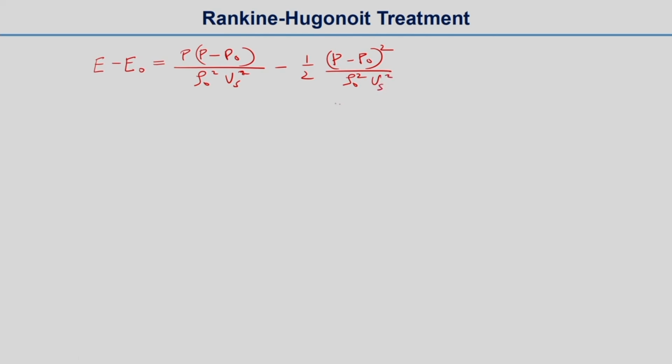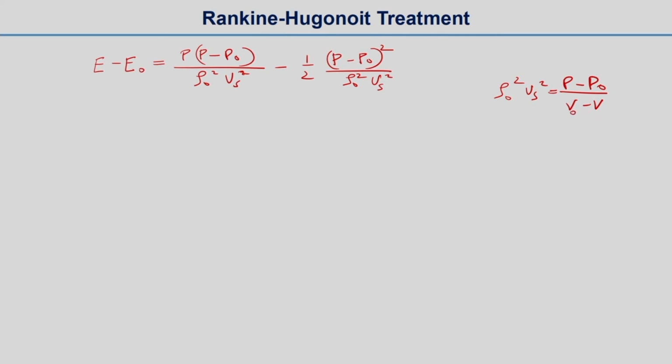So the previous expression we got is rho naught Us square equal to P minus P naught over V minus V naught. Sorry, this is P minus P naught over V naught minus V.